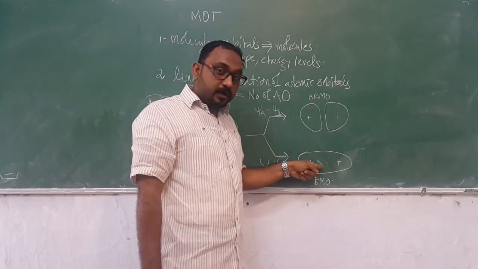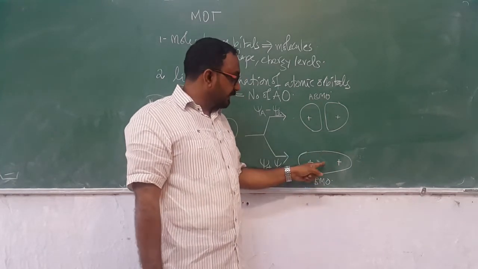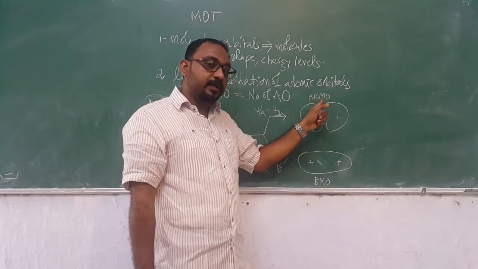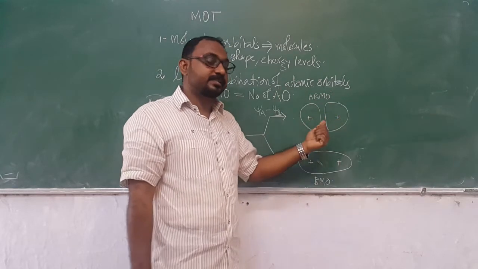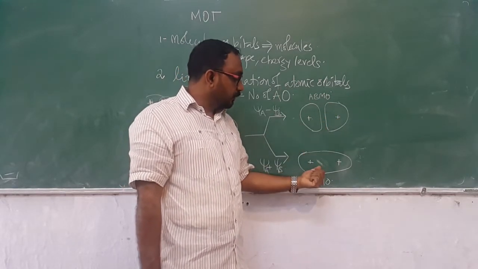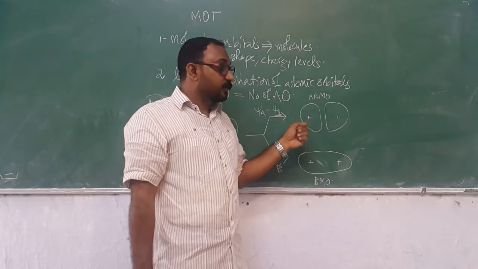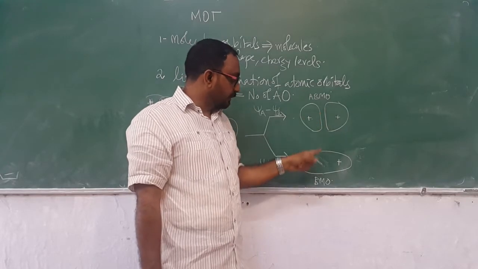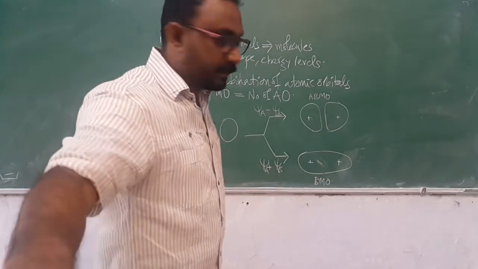So this bonding molecular orbital does everything for the sake of bonding, whereas this anti-bonding molecular orbital does nothing for the sake of bonding. When it is not doing anything for the sake of bonding or attraction, it has more energy, and the bonding one will have lesser energy.